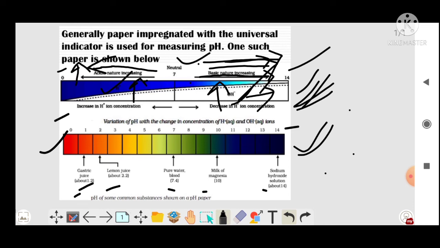Lemon juice has a pH of 2.2, which is acidic in nature. Pure water and blood have a pH of 7.4, which is near neutral. Milk of magnesia has a pH of 10, which is basic in nature. Sodium hydroxide solution is about 14, which is basic in nature.